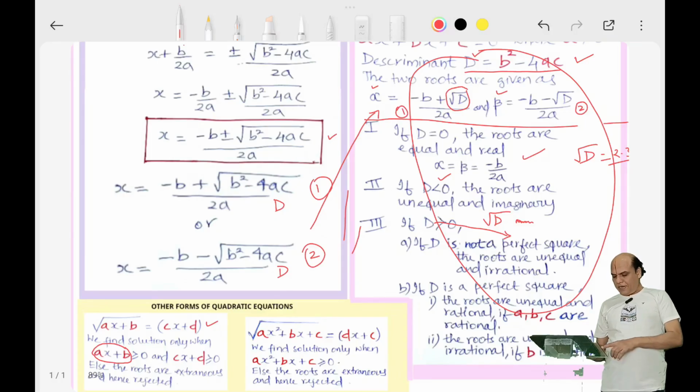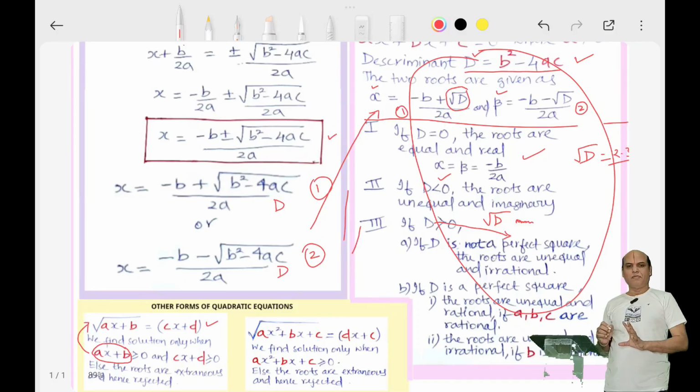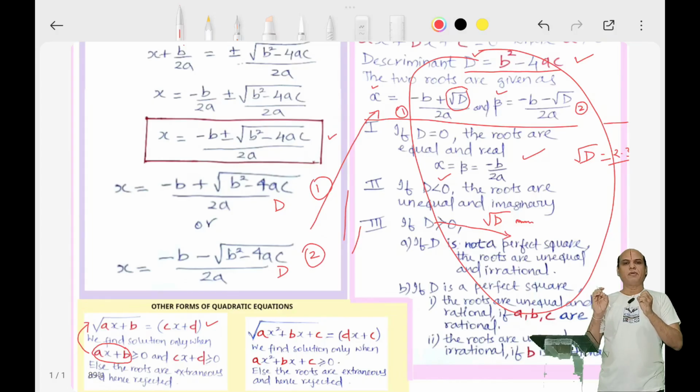Only when ax plus b is greater than or equal to 0 do we find solutions for this form of quadratic equation. If it is less than 0, that is, ax plus b is a negative quantity, then we call the roots extraneous.